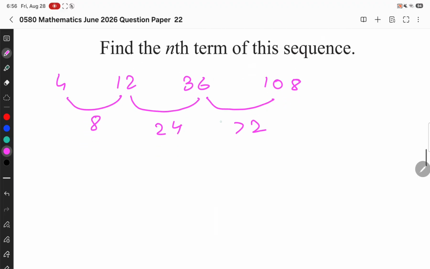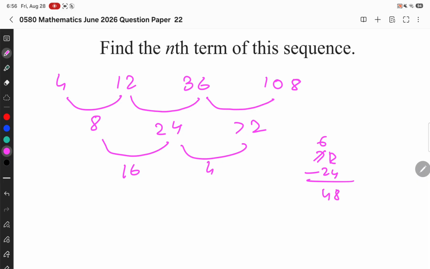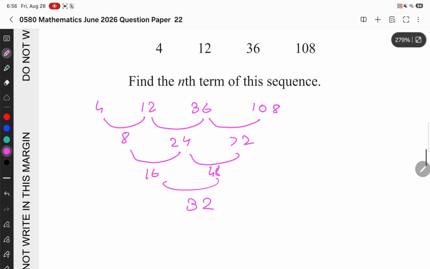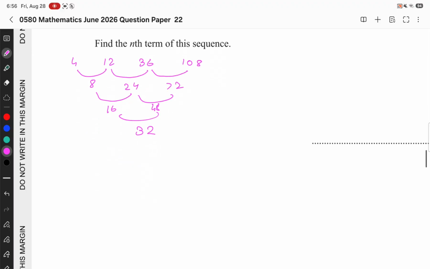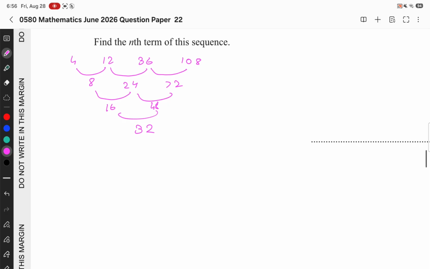Next, we can see this is not linear. You can see this is not a quadratic either. That leaves us with the only logical sequence, a cubic, because we do not have enough data to prove that it's geometric either. So it's a cubic. Let's do it.